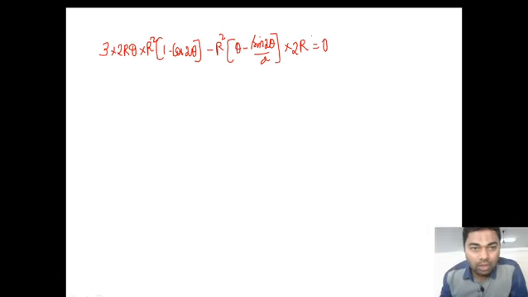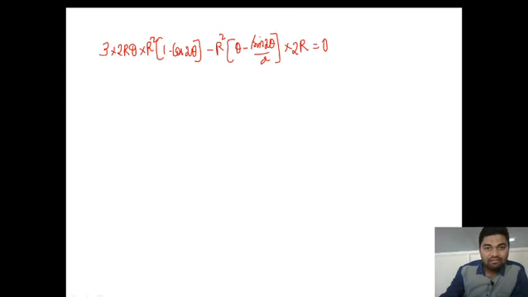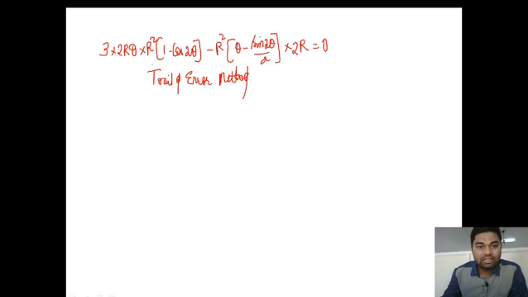On solving this equation by the trial and error method, we get the value of theta as 154 degrees.